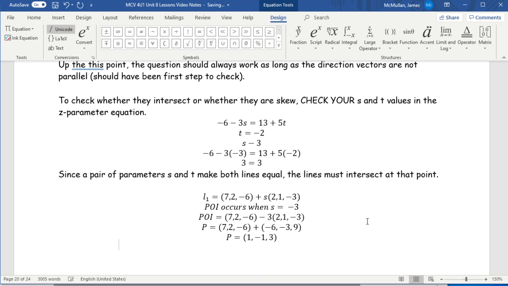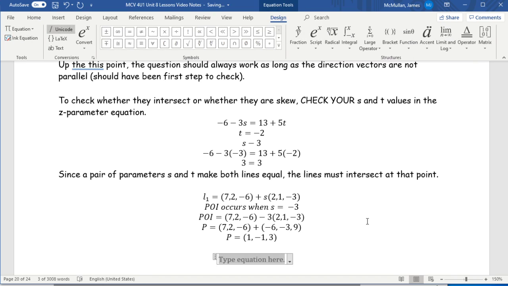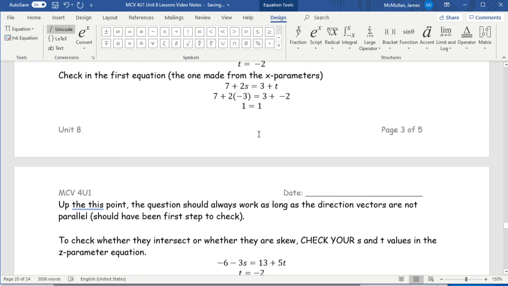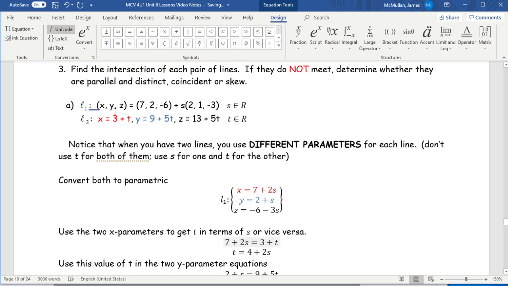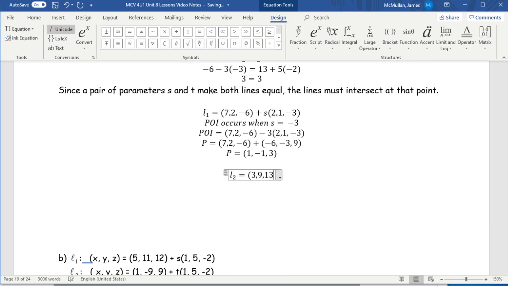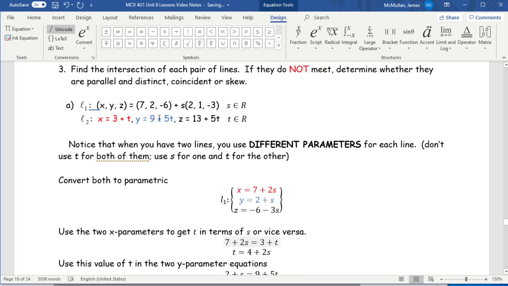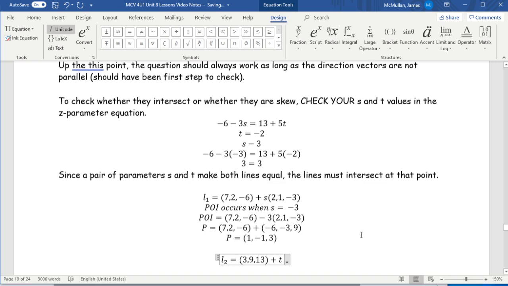Now again, this is overkill, but let's demonstrate that L2 could also get you there. So L2, let's write L2 in vector form quickly, would be 3, 9, 13 plus t times 1, 5, 5.